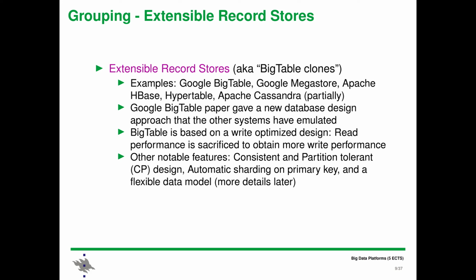So the first gigabyte is one shard, the second gigabyte of the database table is another shard, and each one of the shards then goes to a different server, or a different group of servers, to be served. So, automatic sharding on a primary key. There's also a flexible data model. We'll see more details later, but basically you can have different rows of the database table having different numbers of columns with different data types in them.